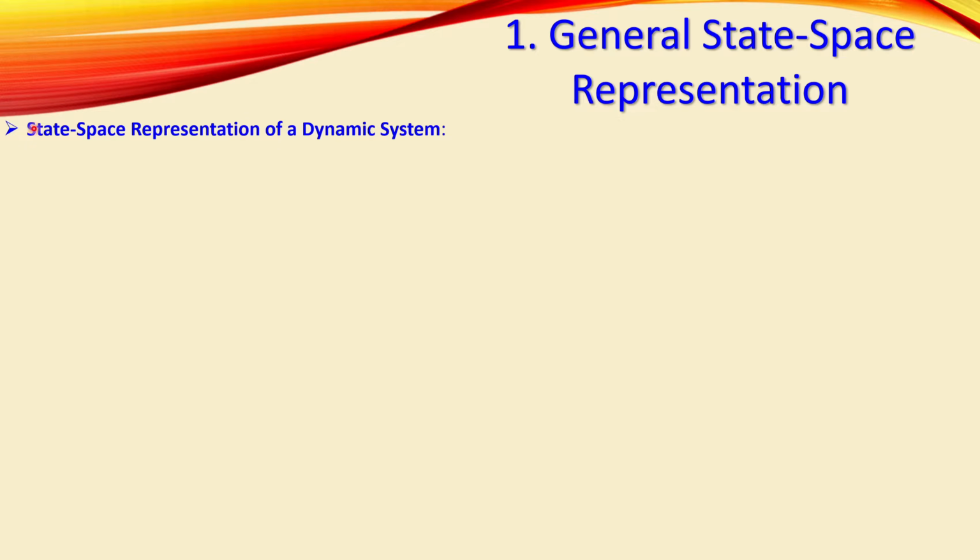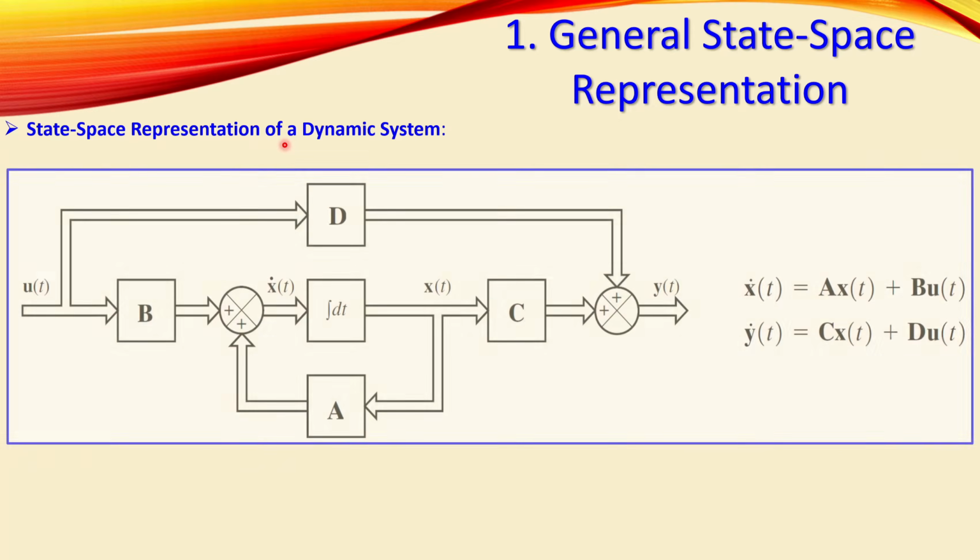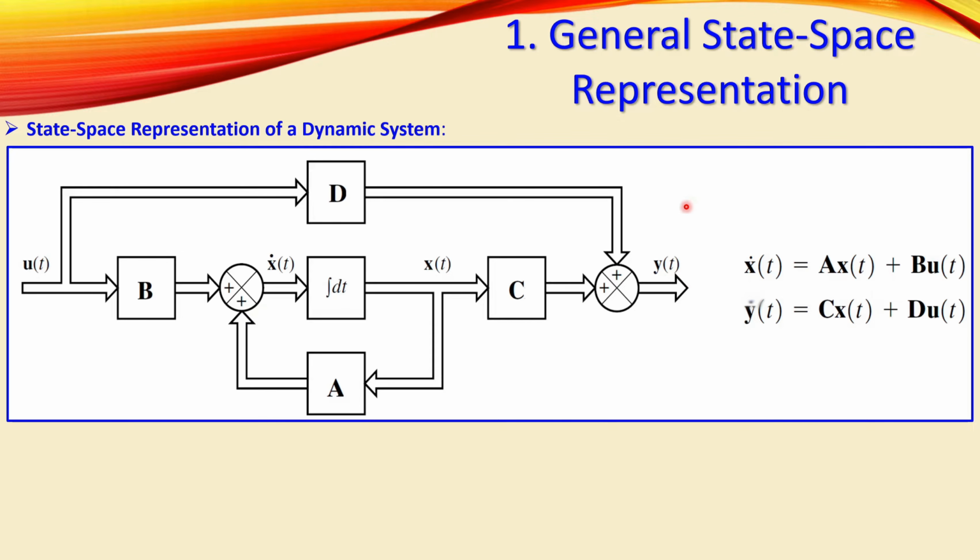Now, if we talk about the state space representation of a dynamic system, let's discuss this in this pictorial view. We know, and have discussed in various videos, the block diagram representation. State space considers multiple feedback elements, so that's why we have these arrows here in this particular format.